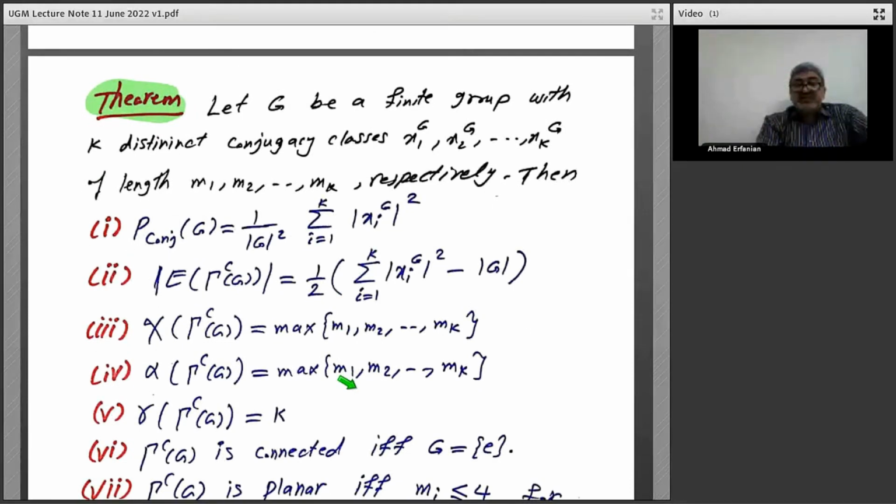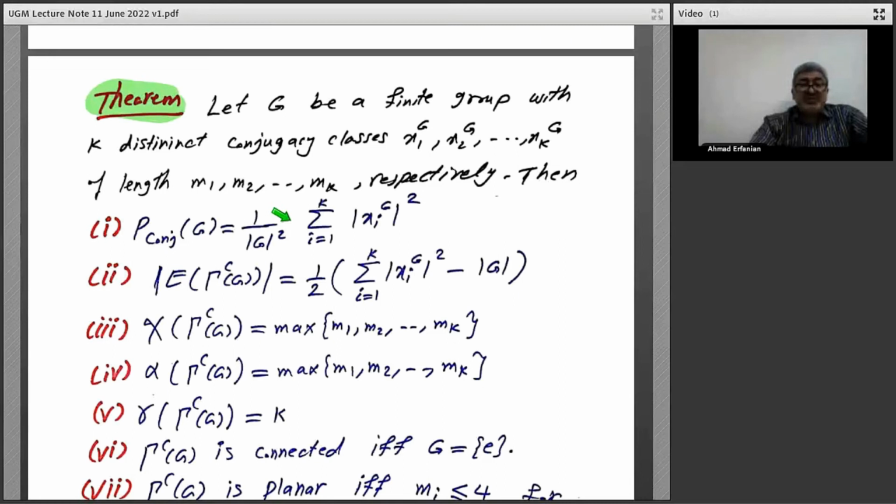Then the structure of the conjugate graph is the disjoint union of complete graphs: the complete graph of order m1, complete graph of order m2, and complete graph of order mk. That's the union of some complete graphs.